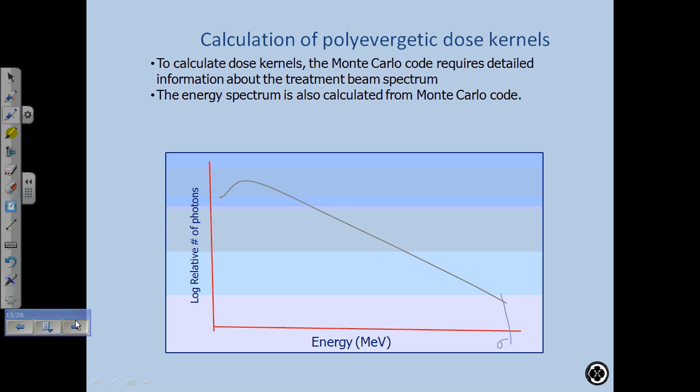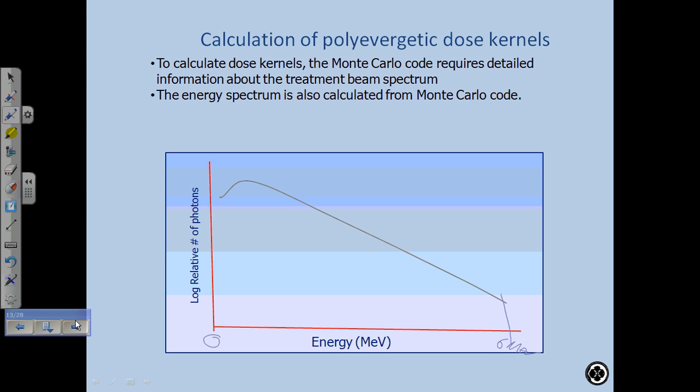And then the y-axis is the log of relative number of photons, so this is quantity of photons. Typically, you have a lot of low energy photons on a 6 MeV beam, and then it just drops as the energy increases. You don't have too many high energy photons in a beam like this.